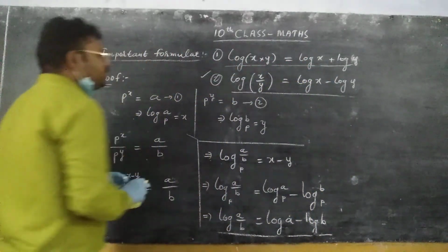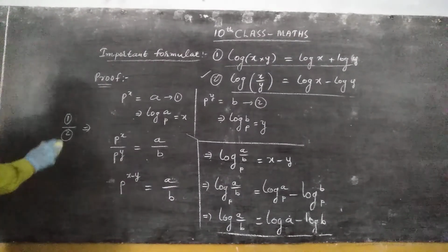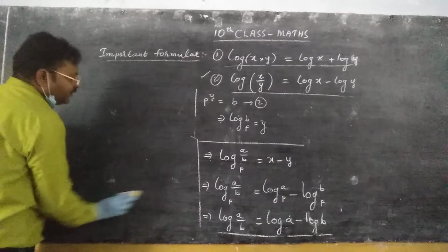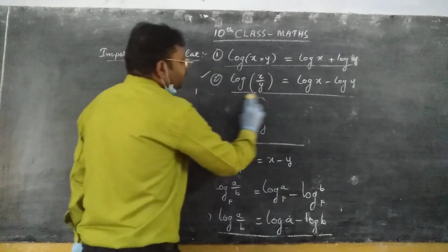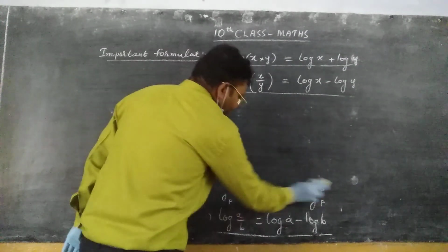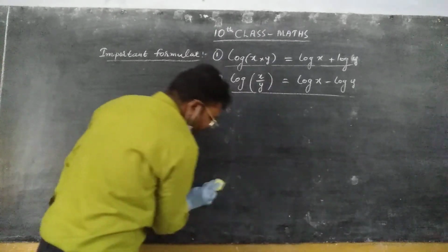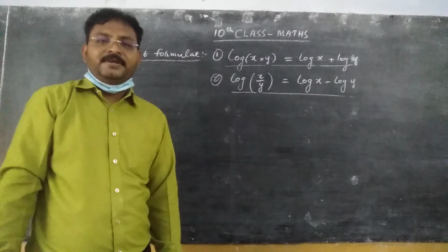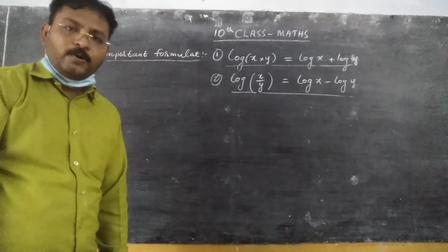Prove these two statements by using these proofs. Is it possible? Can you prove them? Try to work out these two proofs now. This is homework for you. Work out these two proofs at home.